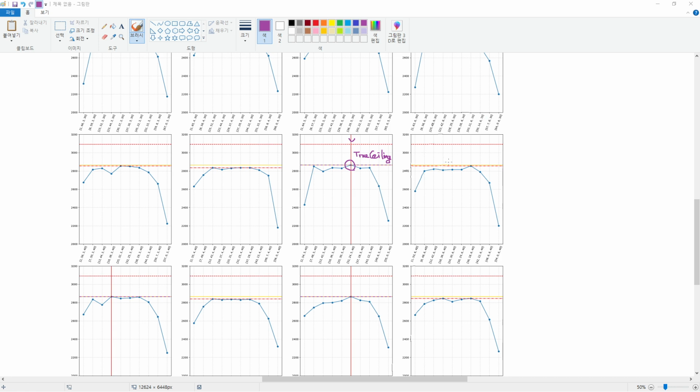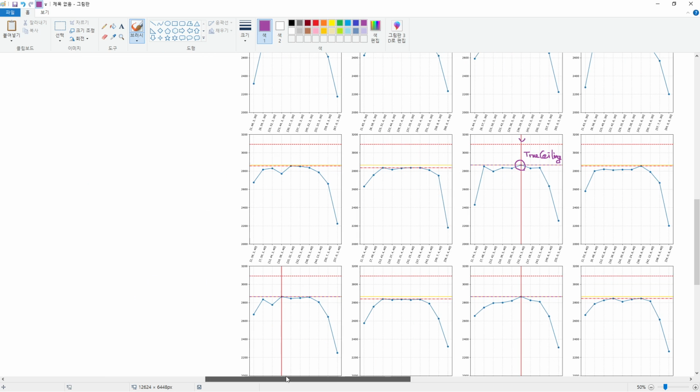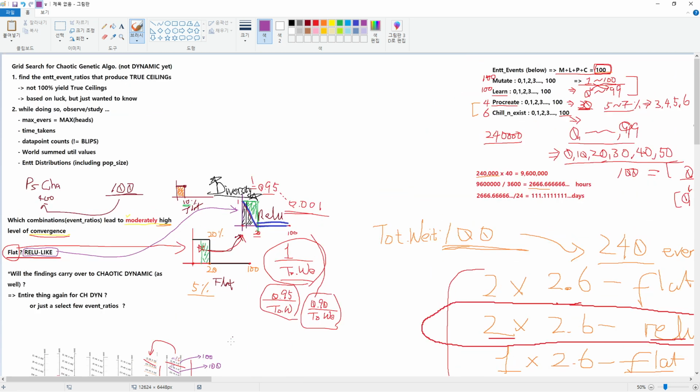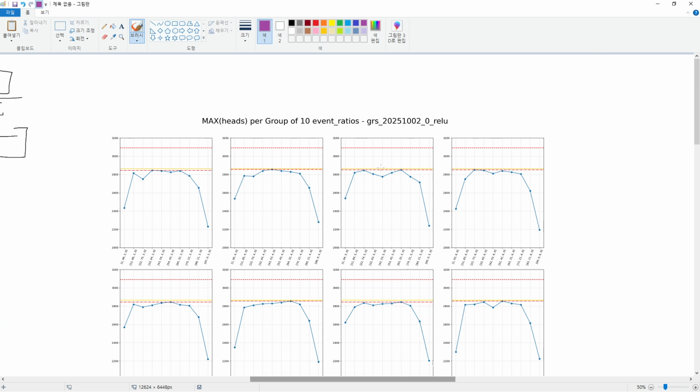Given all the other hyperparameters. So in this case, I think I forgot to mention the max blip was 100, maximum final population size 100 as well, and it was just chaotic. No dynamic here, not yet.